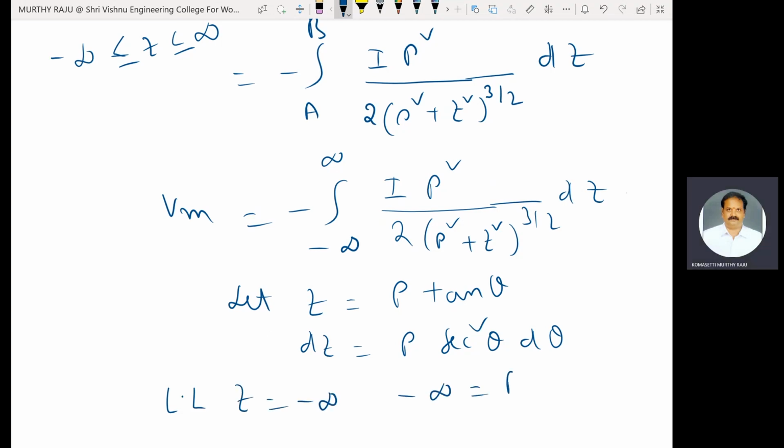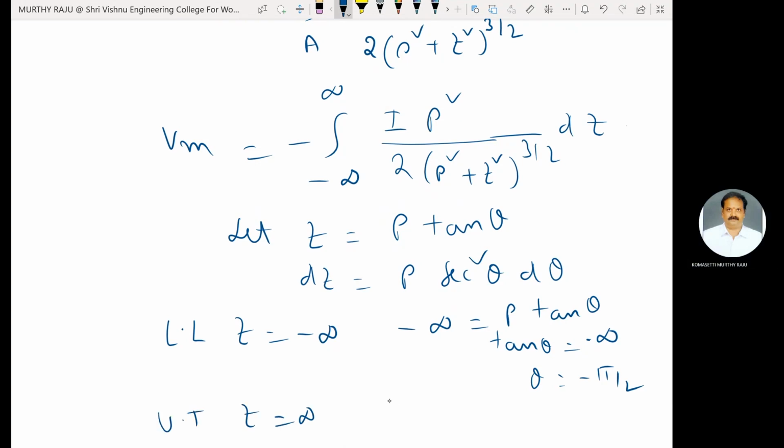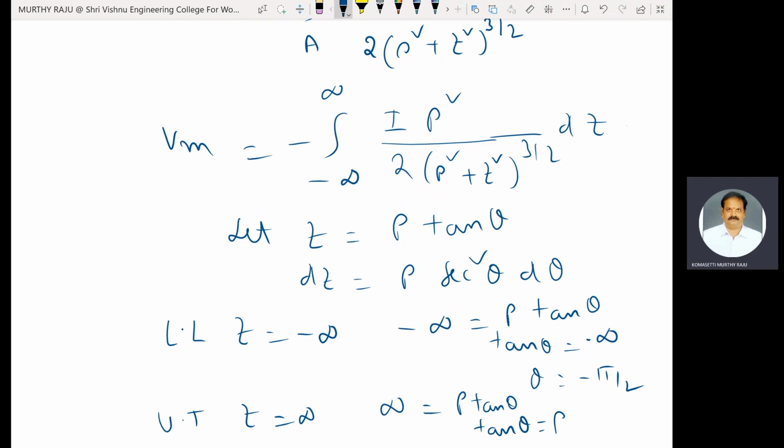Minus infinity is equal to rho tan theta, therefore tan theta is equal to minus infinity, therefore theta is equal to minus pi by 2. Upper limit, z is equal to infinity, therefore tan theta is equal to infinity, therefore theta is equal to pi by 2.